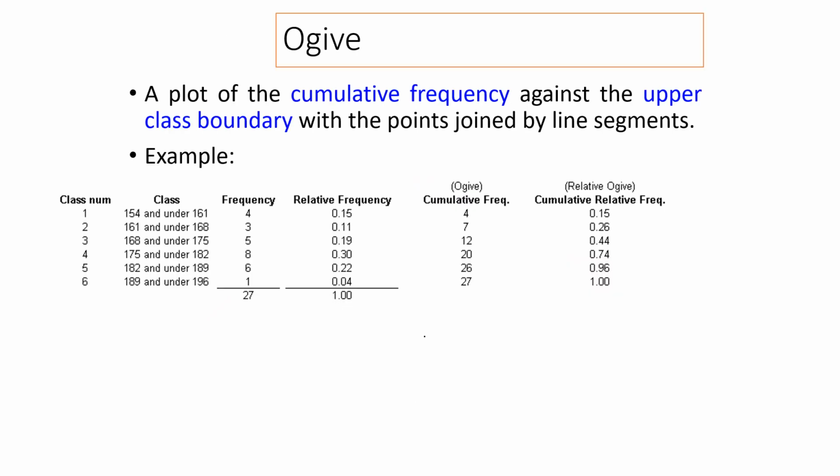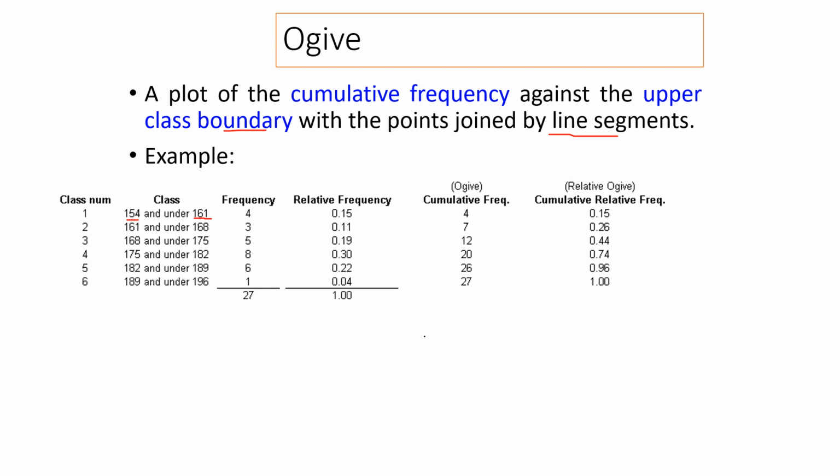So this is the OGIVE. An OGIVE is a plot of the cumulative frequency against the upper class boundaries, with the points joined by line segments. This is an example, where class 1 is 154 to 161. So calculate this one.